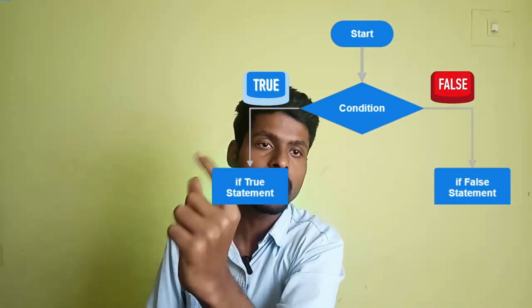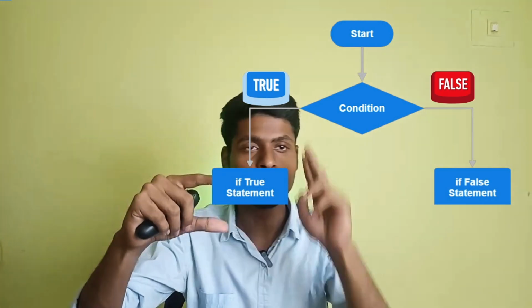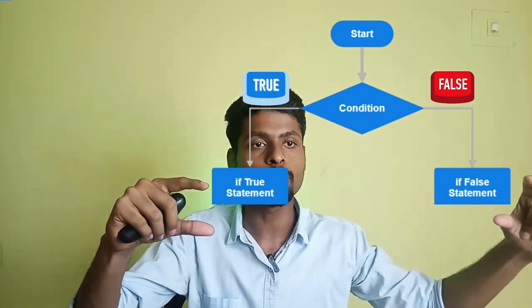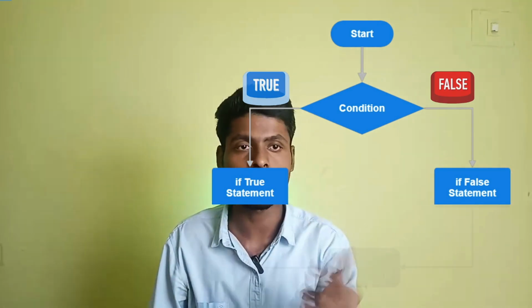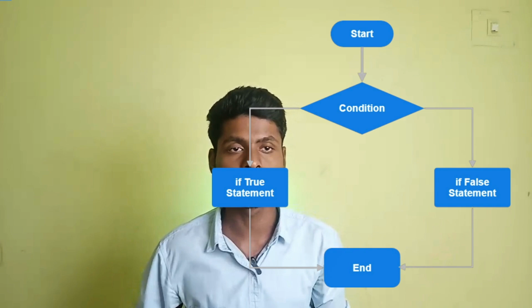Let's understand the flowchart of an if else statement. First, when I execute my Python program, my Python interpreter starts its execution, then it will check the condition. If the condition is true, then it will execute the true statement. If my condition is false, then it will execute my false statement. Once the true statement or the false statement is executed, my Python program completes its execution.